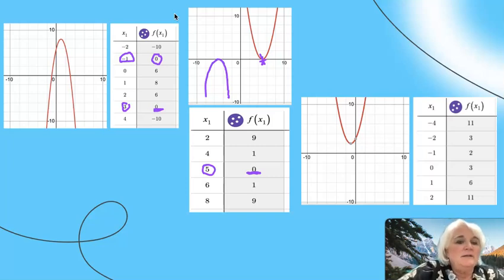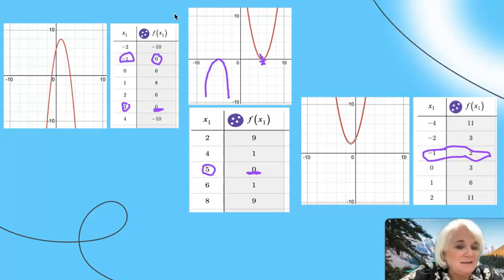In this third one, there is no solution to this graph. There are no zeros over here, and there will not be any zeros because my lowest point is at negative 1, 2. So y doesn't get any lower than 2.